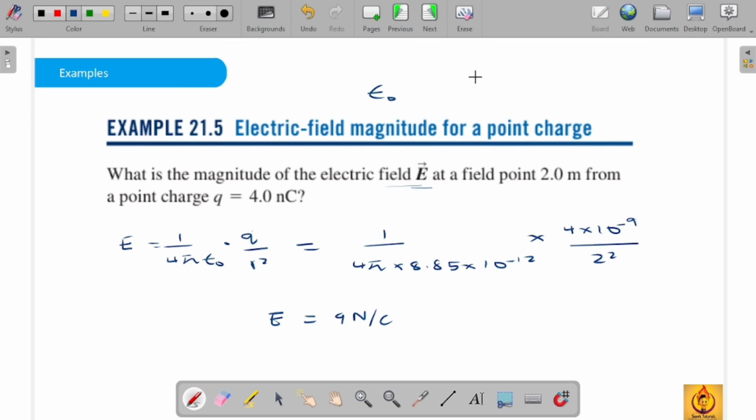If it is in another body, let's say the permittivity of a sponge, or the permittivity of a rock, something other than air or vacuum, it will just be epsilon. They call it epsilon. Alright, let's move on.